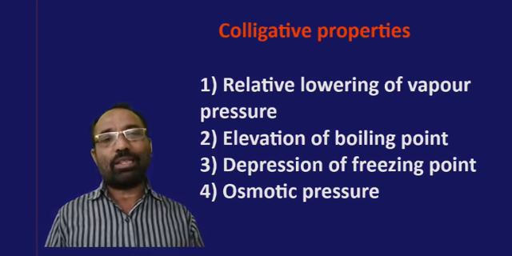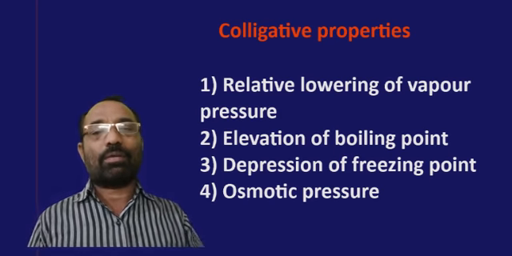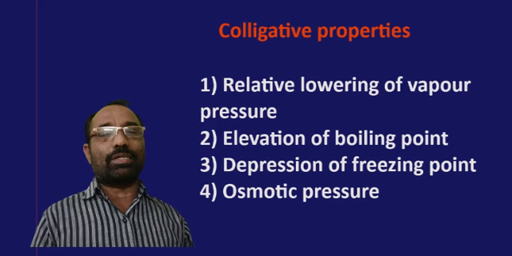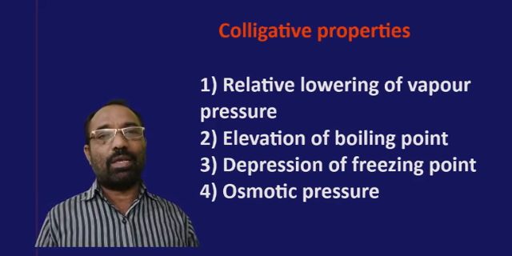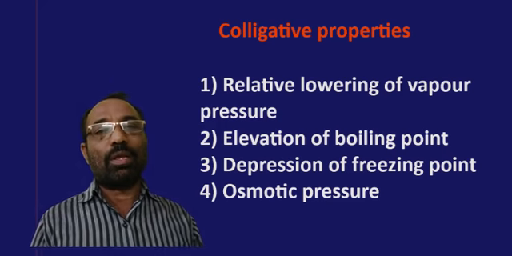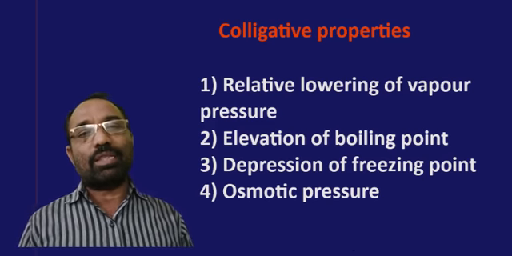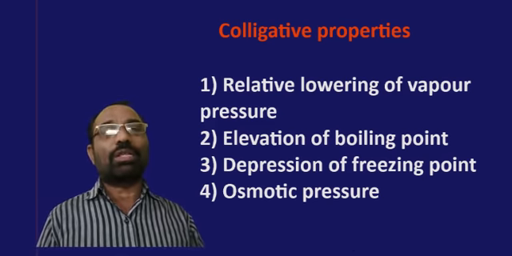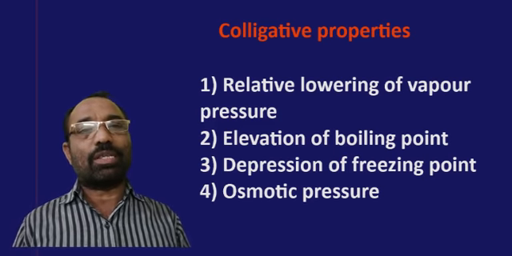When we add salt or sugar to the pure solvent, its vapor pressure decreases. Why does it decrease? In a solution, the number of vapor molecules over the solution is less than the number of vapor molecules over the solvent. Therefore, the vapor pressure of the solution is less than that of the pure solvent.